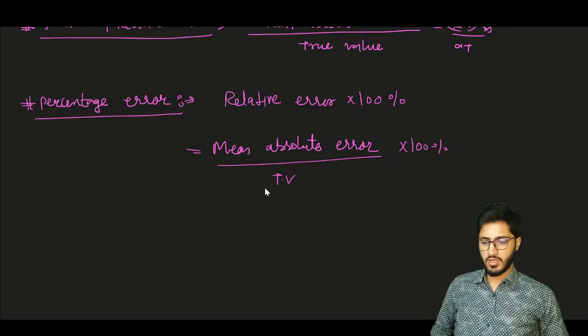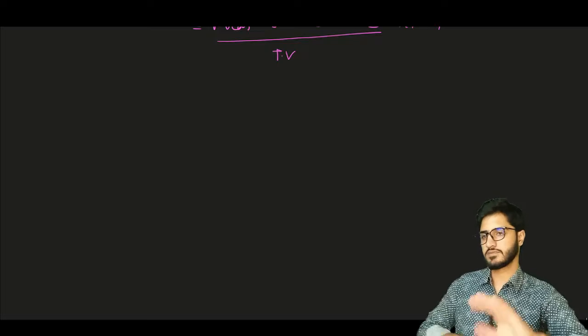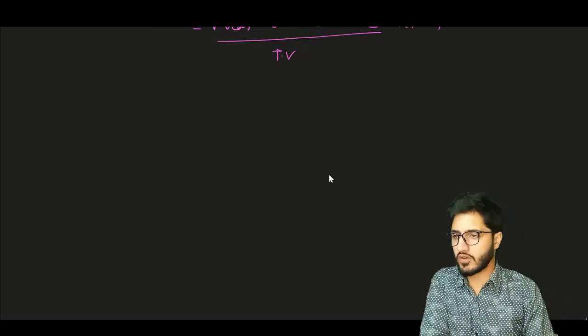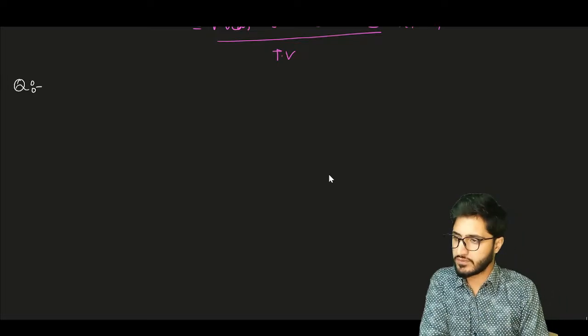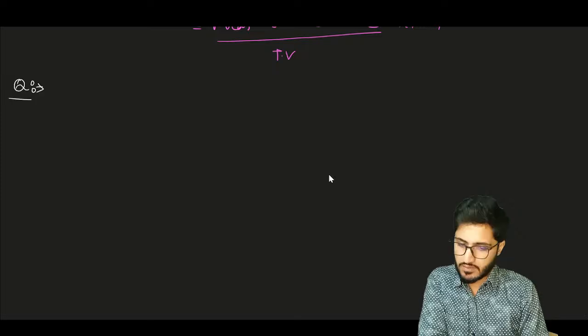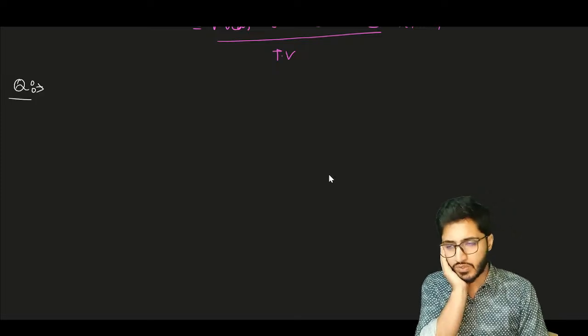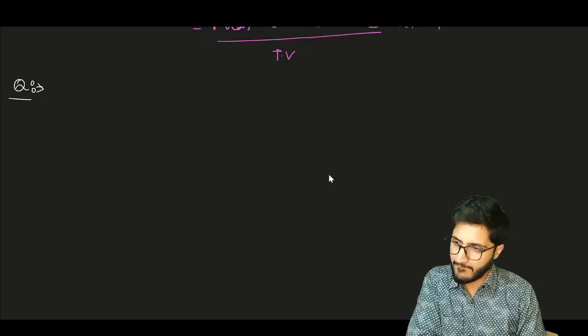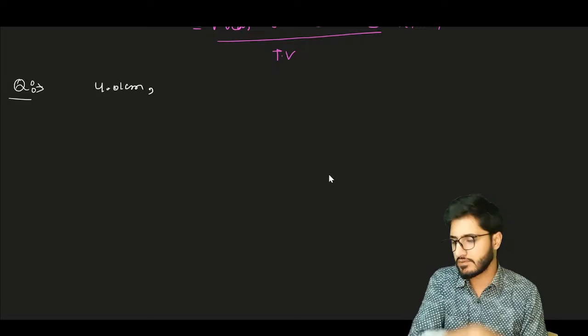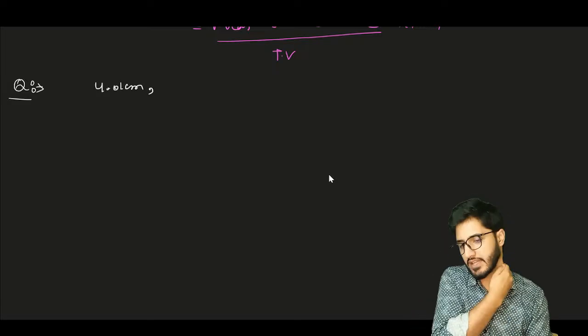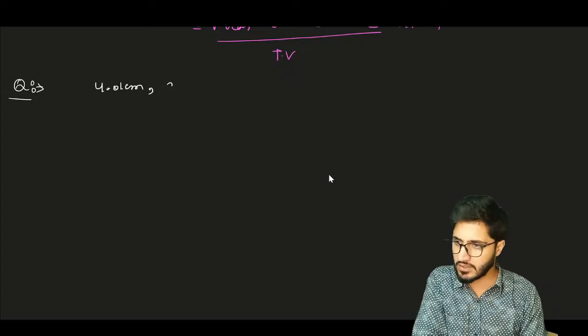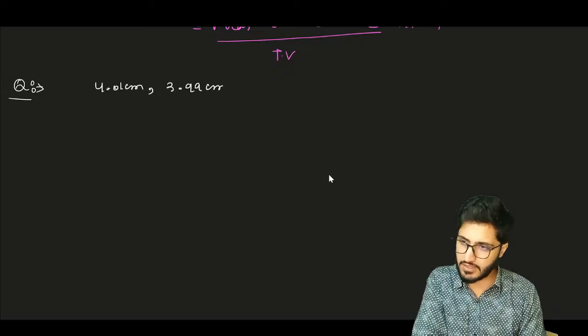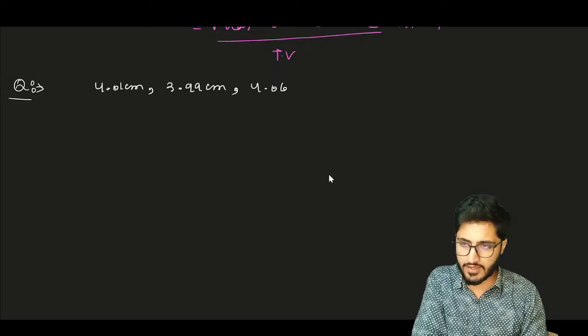Let's take one numerical so that we are having full confidence on this topic. Now look. We are measuring some length of a rod, and the measurement came out to be 4.01 centimeter. Second came out to be 3.99 centimeter. Then 4.06 centimeter.